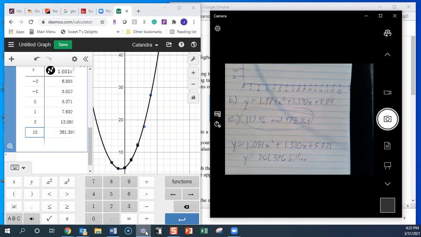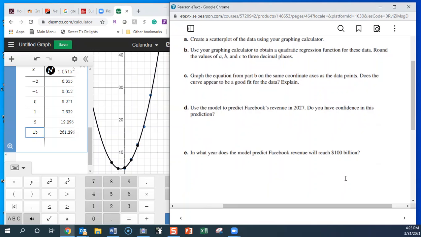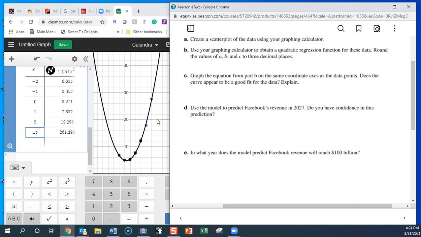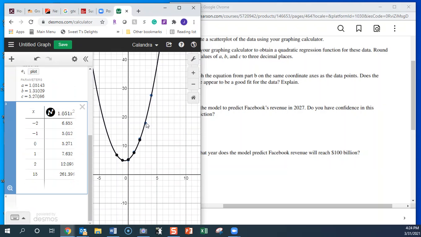And then the question was asked, also with that question, do you have confidence in this prediction? Well, I would say this. If we go here on this graph, it looks as though it's a little outside of that graph. Well, actually, wait a minute. Let me go up here.